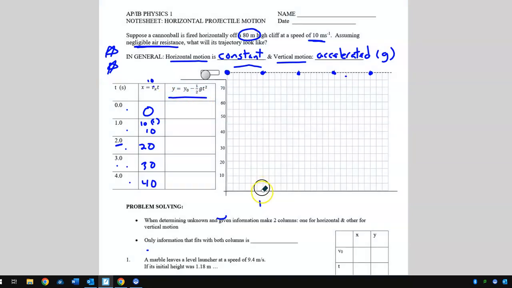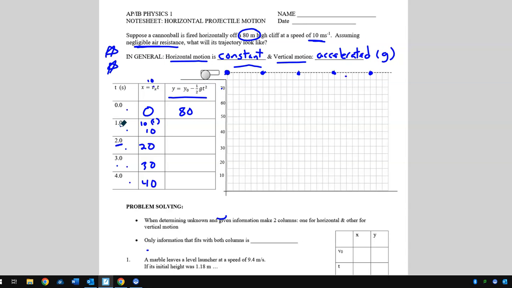Okay, so I trust you can do this correctly, but I'll do a few together. So what is our height at time 0? Well, it's our initial height, which is 80, minus 1/2 gt squared. Since time is 0, that's just going to be 80. In other words, at time 0, our initial height is literally 80 above the ground. Now let's see how far it's fallen after 1.